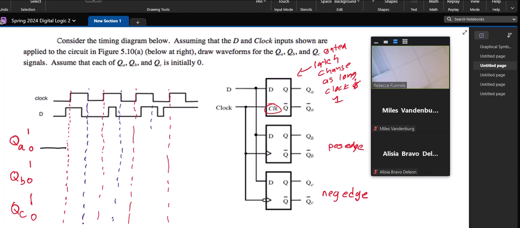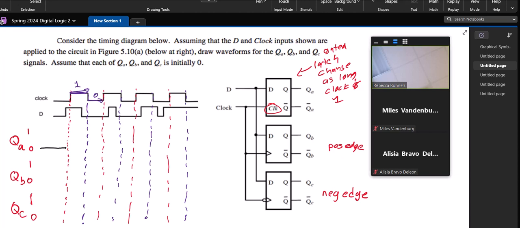So from the red to purple, that's when the clock is at 1, and from the purple to red, that's when the clock is at 0. So when I look at my first latch here, when I get to the first positive edge, this one can change as long as the clock is 1.